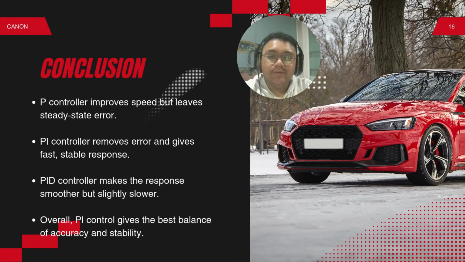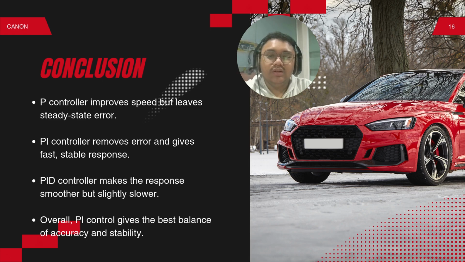Then we have the PID controller, which include the derivative component. This controller make the response smoother and help reduce overshoot. However, it tend to make the system slightly slower compared to the PI controller.